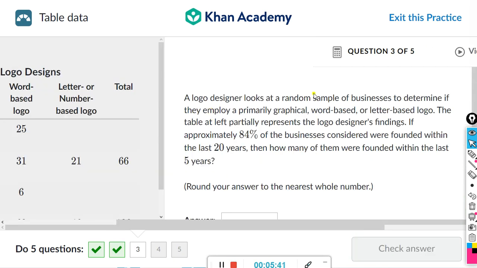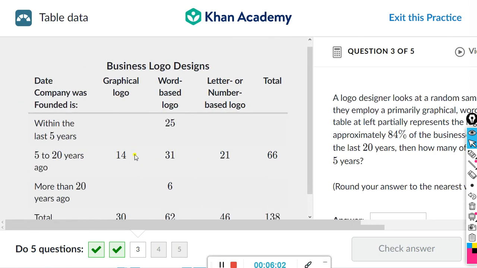A logo designer looks at a sample of businesses to determine if they employ a primary graphical word-based or letter-based logo. The table represents this. If approximately 84% of businesses considered were founded within the last 20 years, then how many of them were founded in the last 5? 84% were founded in the last 20 years. Let's see.